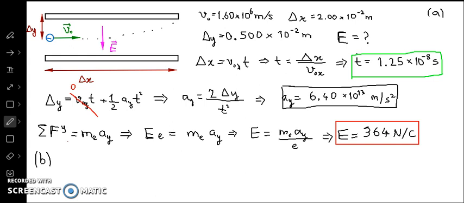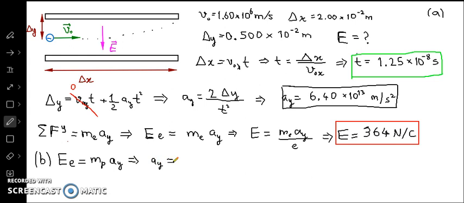So let's calculate the vertical distance by which it will travel. We need to recalculate the acceleration, this time from Newton's second law. For the proton, we have the same magnitude of electric force. It's going to be equal to the mass of the proton times a sub y. Now, I use a sub y for both, but this is the proton's acceleration, so it's going to be a different number.